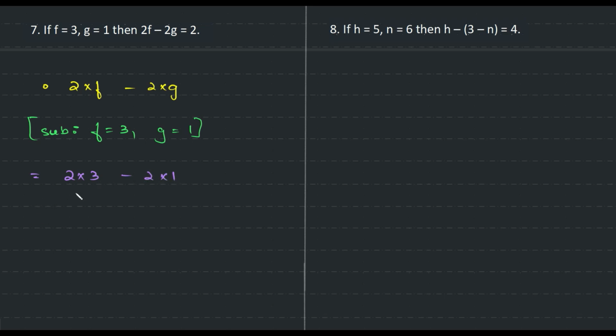Let me solve it first though. So we know that this is multiplication first according to BODMAS. There's no brackets, there's no division, there is multiplication though. Six minus 2, and this is 4. Right, multiplication and finally subtraction.